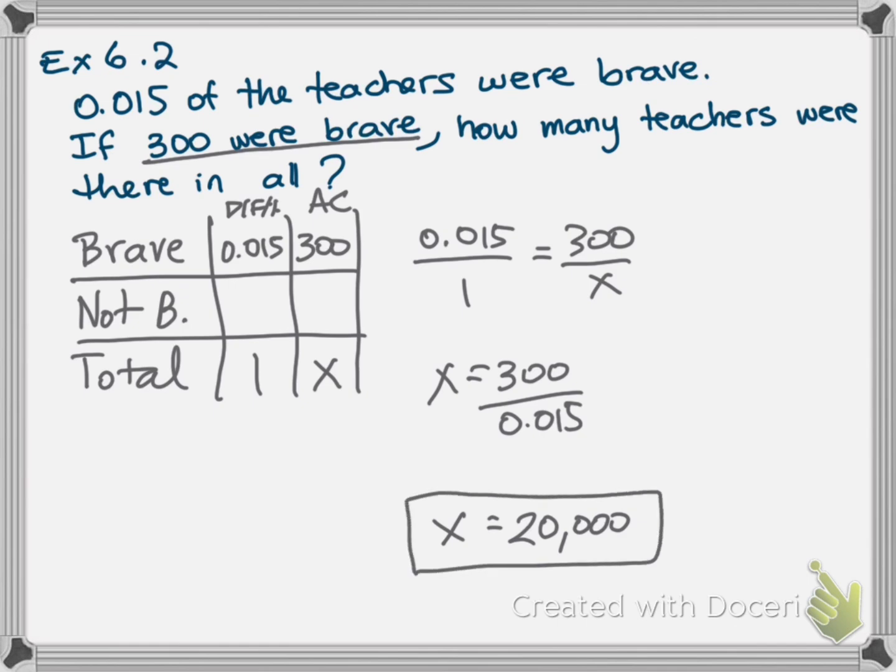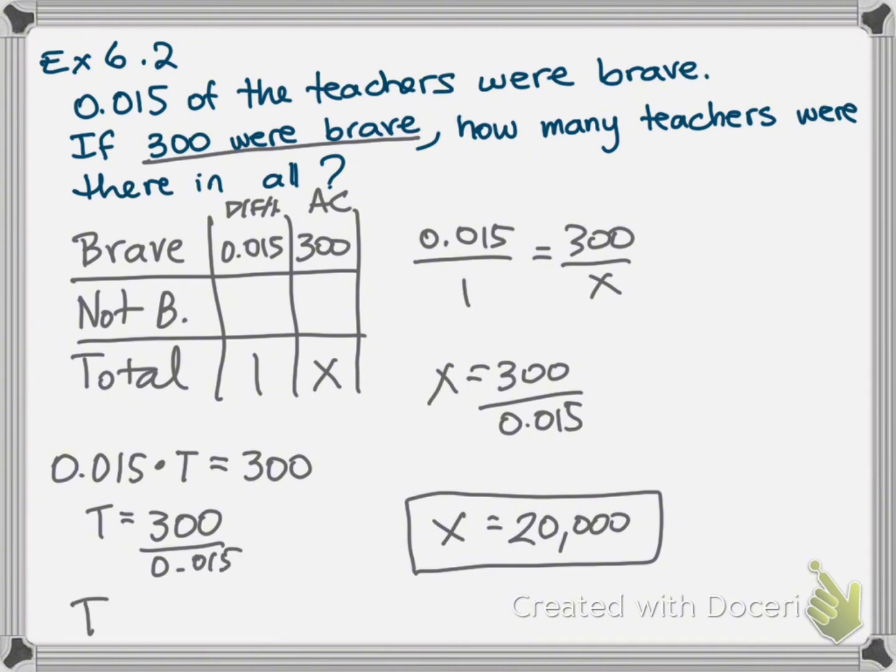Now the other way to solve this is just by writing an equation. Remember that the equation is the part times the total equals the actual amount that represents that part. Then that number, since it's multiplying, is going to go to divide, and we get exactly the same division, so we get the same answer.